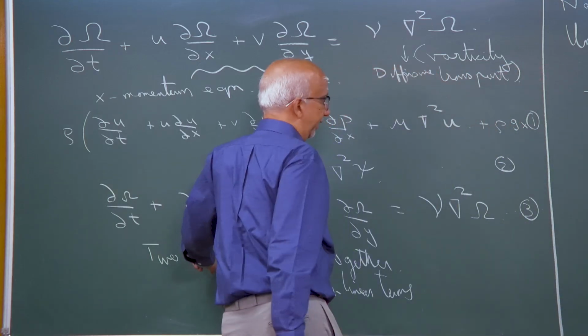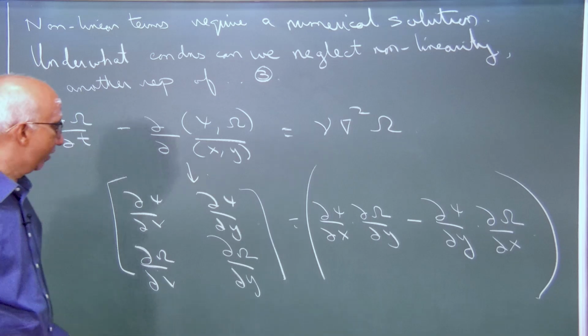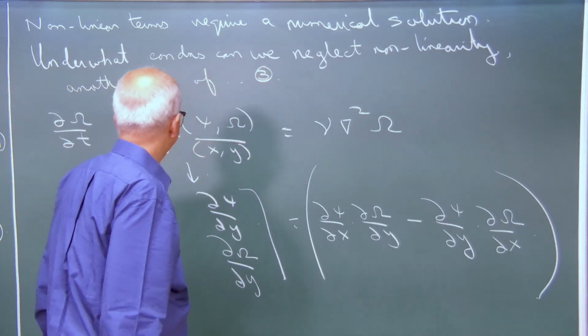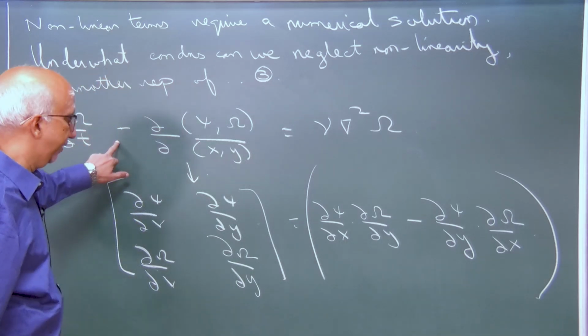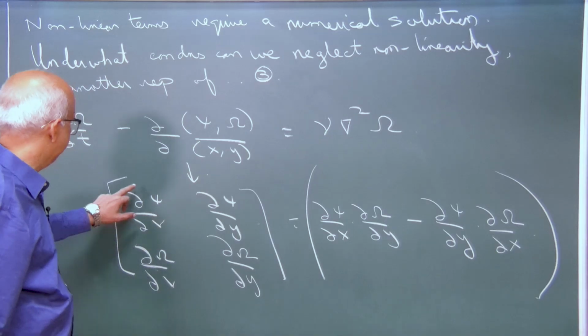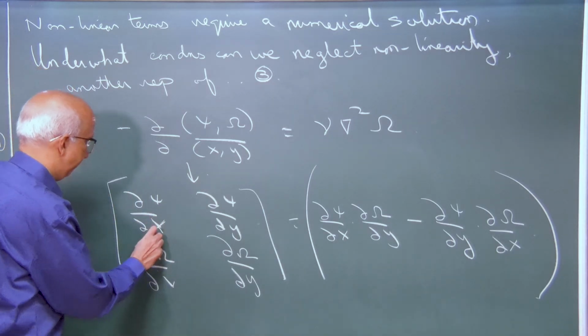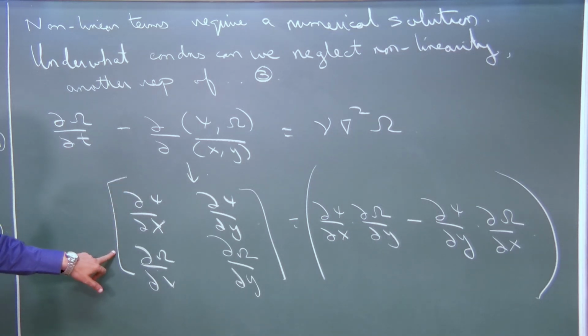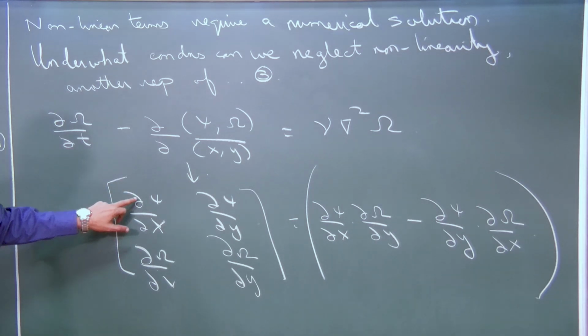D psi by dy, what did I do? Maybe it's a plus sign here? So this is a short form notation for the determinant of this matrix. So let me make sure the sign is right.